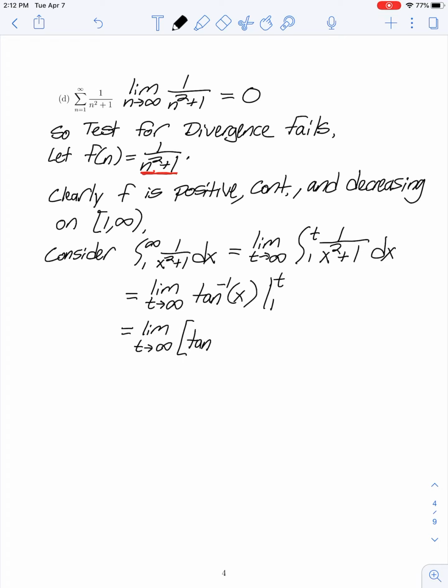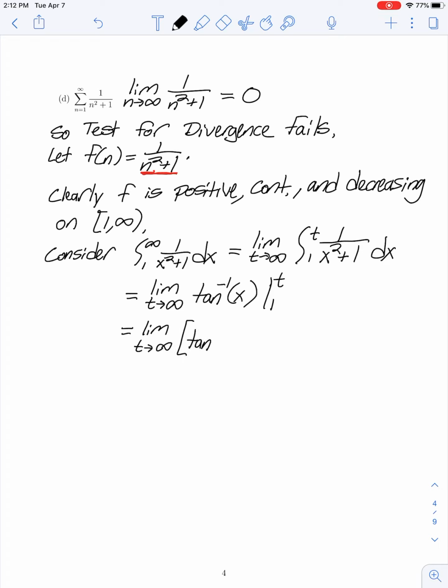And in our last step, we're evaluating the limit as t approaches infinity. So the limiting value of the arctangent function as t becomes infinitely large is pi over 2. Remember that function has a horizontal asymptote at positive and negative pi over 2. So as t approaches positive infinity, we get a limit of pi over 2 minus our constant value of pi over 4, which leaves us pi over 4.